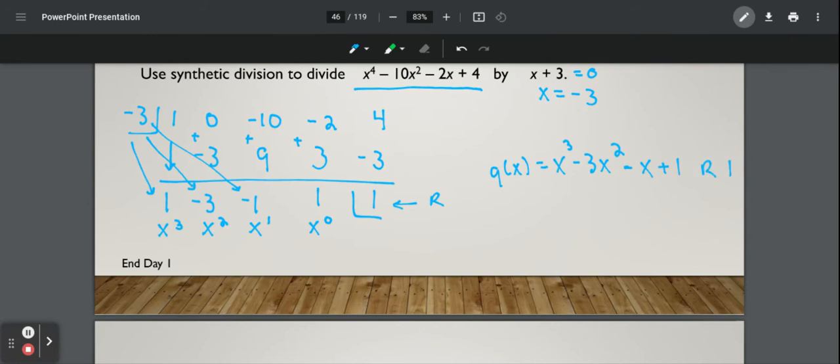Or you could write it that you have x cubed minus 3x squared minus x plus 1, and then plus the remainder. So you put the number of the remainder and then over whatever you divided by, which in this case was your x plus 3. So sometimes you'll see it written that way, where this is that remainder. You have one part of that x plus 3 left over.